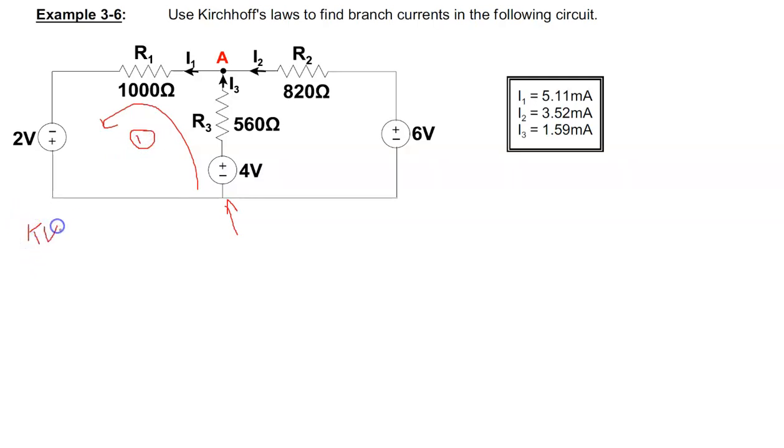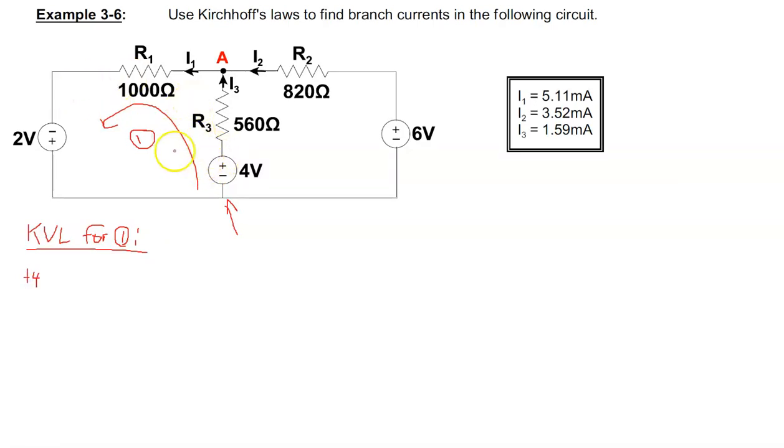then we'll start by saying KVL for loop 1. And remember, we're going in the direction of assumed current, so counterclockwise, and we go across the 4-volt source. That's a rise in potential, so plus 4.